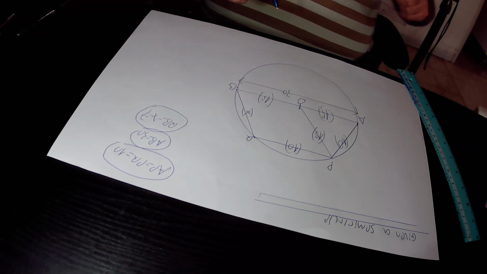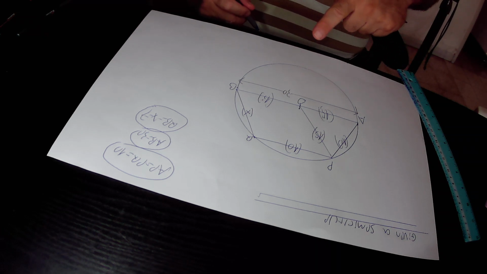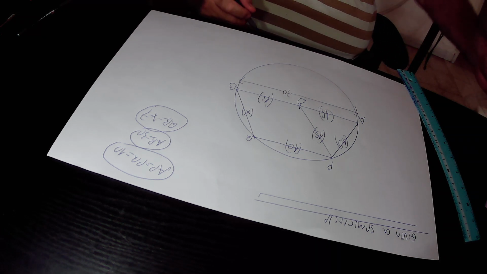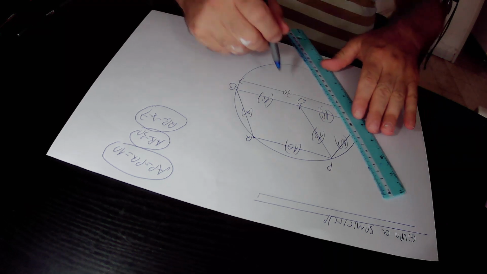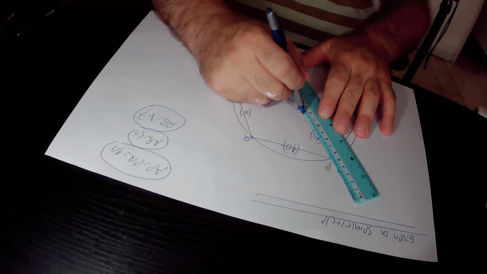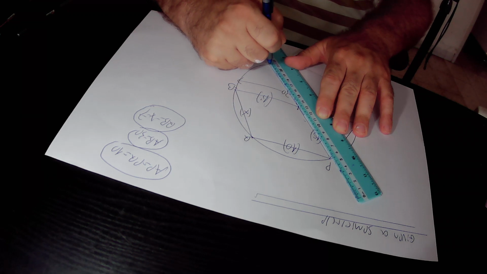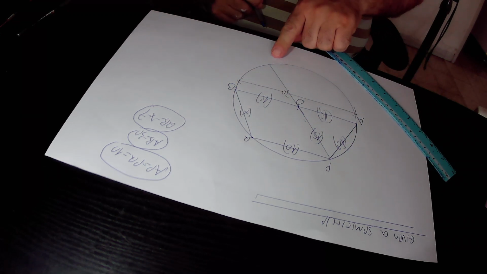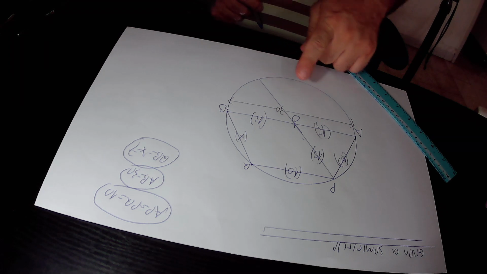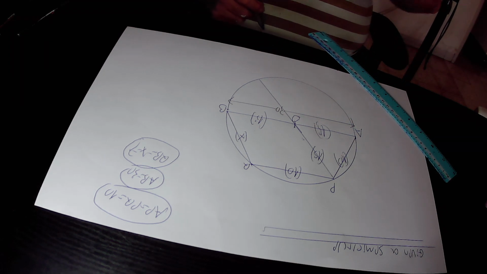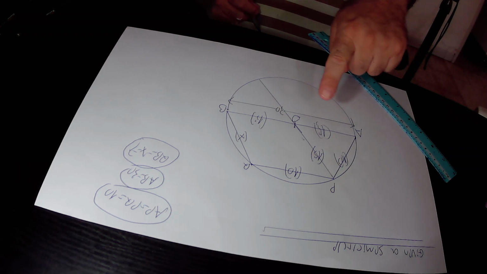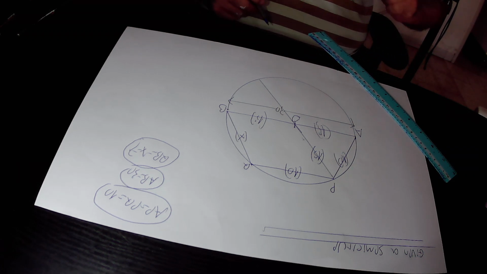And we'll extend the radius PO by a straight line until it touches the circle. This is the touching point of the extended radius PO with this circle. This point is point M.